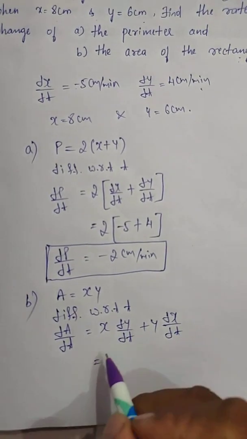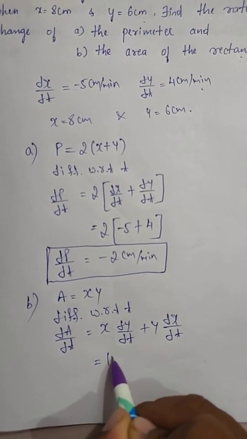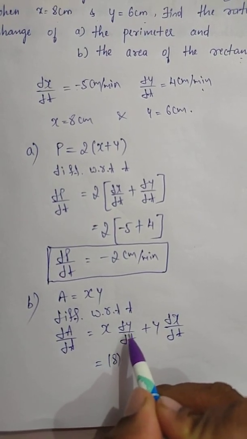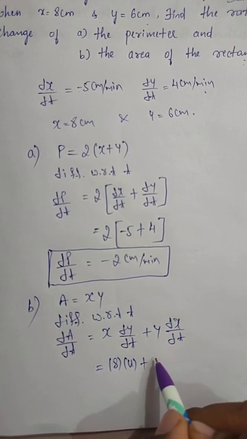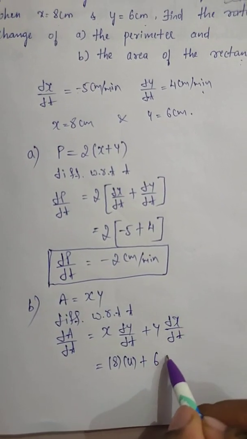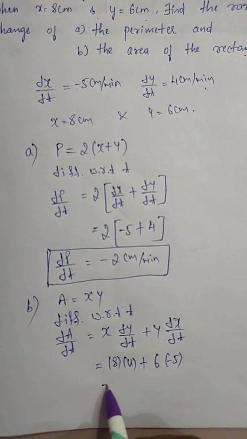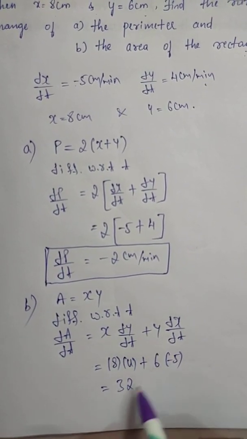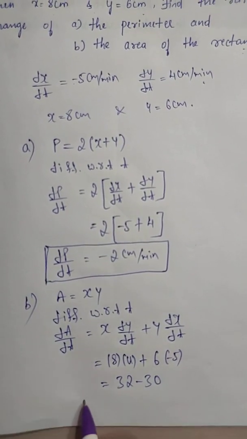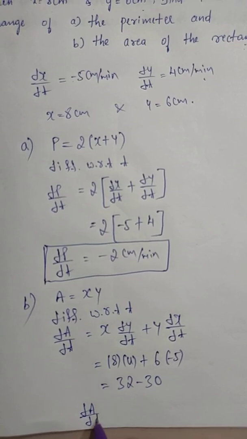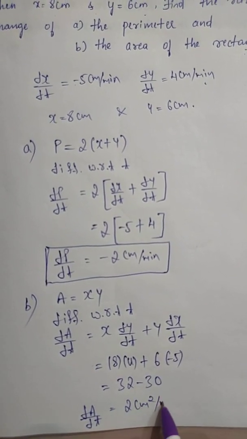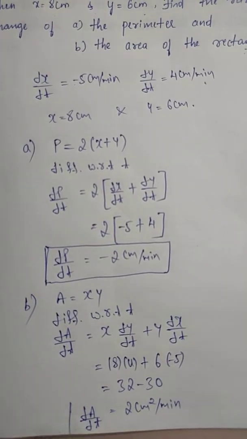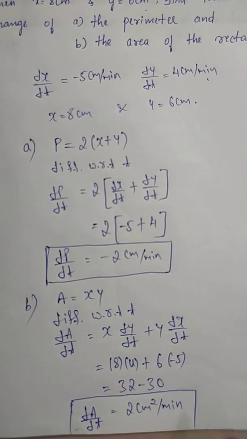What is x? x is 8, dy by dt is 4 and y is 6, dx by dt is minus 5. So 8 fours are 32. 6 into minus 5 is minus 30. So dA by dt is equal to 2 centimeter square per minute.